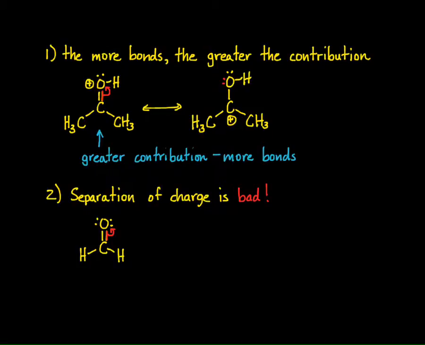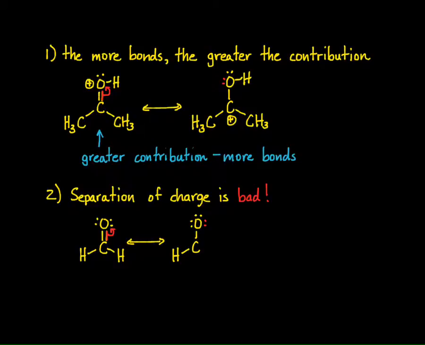But moving the pair of bonding electrons to the oxygen, we can get a resonance structure in which now the carbon-oxygen bond is only a single bond. The pair of electrons have moved up to oxygen, so now instead of having 2 pair of electrons, it has 3 pair of electrons. Notice it also has a formal charge, right?